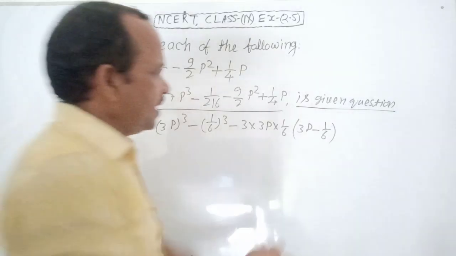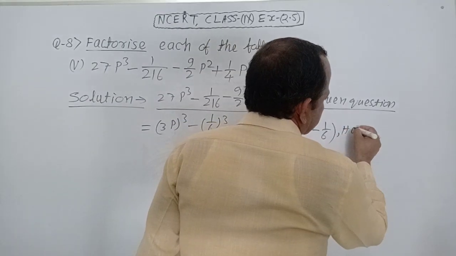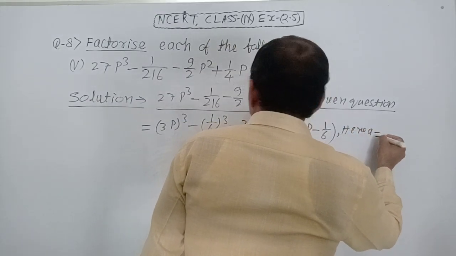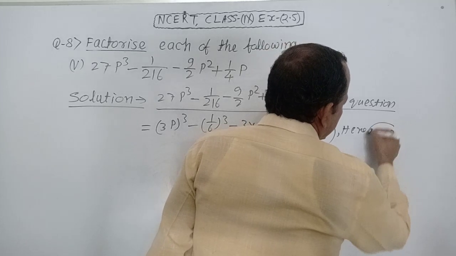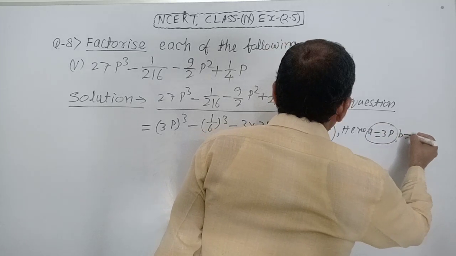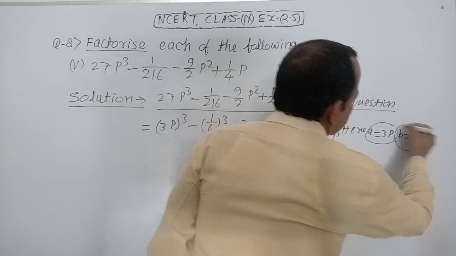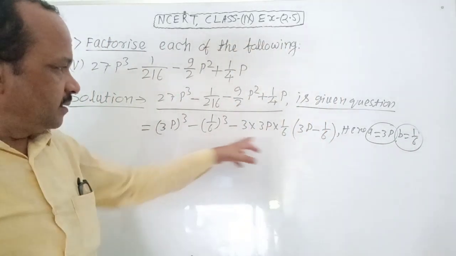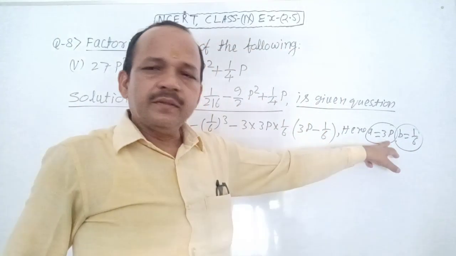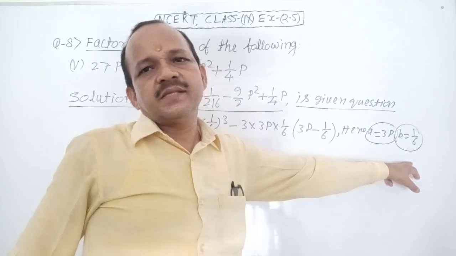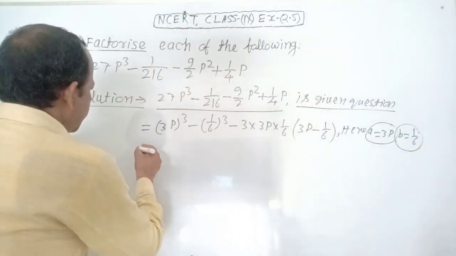Clear? Here a equals 3p, b equals 1 by 6. Clear?